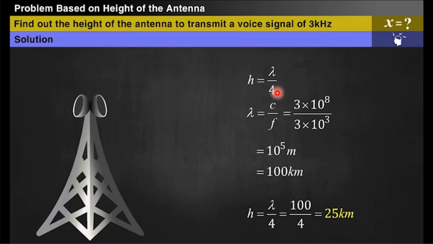We can obtain the wavelength from the equation C by F. So the wavelength is 100 kilometers, from which the height of the antenna is lambda by 4, that is 100 by 4, which is 25 kilometers.